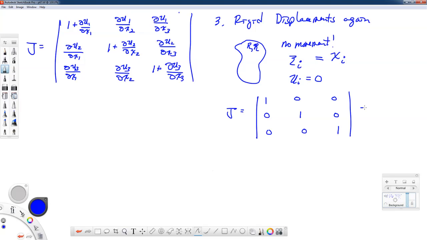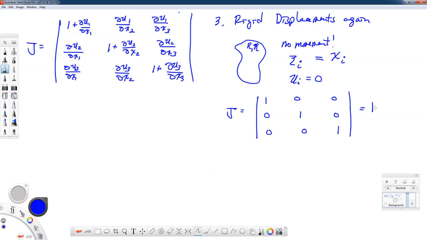The Jacobian in this case is equal to 1. Now we talked about how the Jacobian, or the scalar triple product, is sort of a volume measure, and if this holds for every single point in the body, then what this is saying is that the volume of this body hasn't changed.